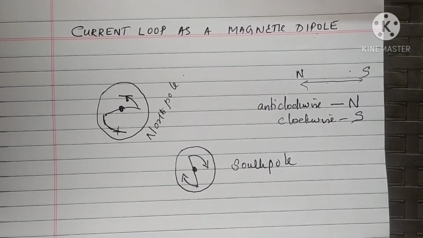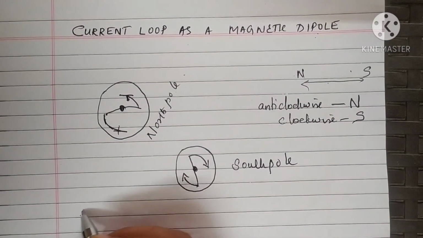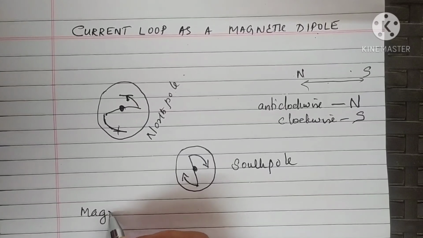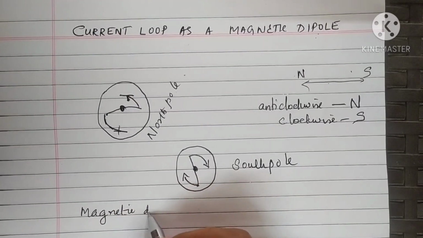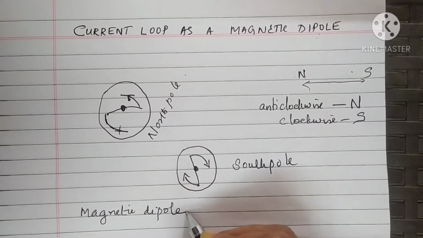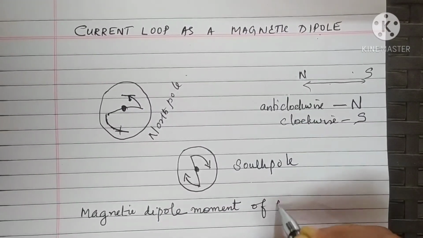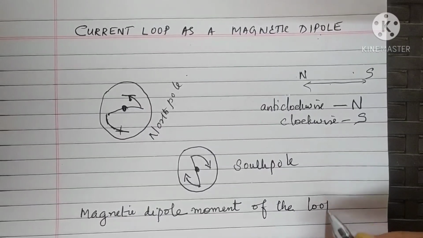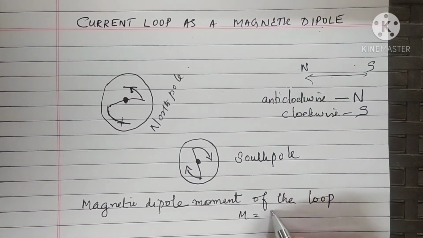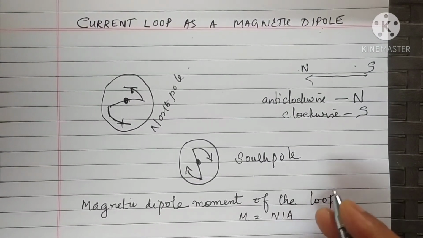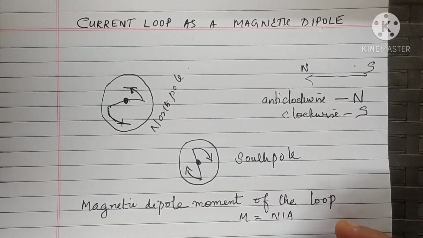Clear? Also here we can write the magnetic dipole moment of the loop, and the expression is M is equal to NIA. M is equal to NIA.